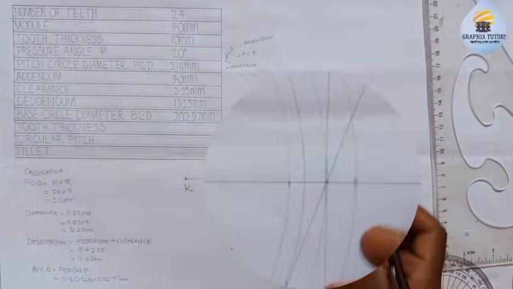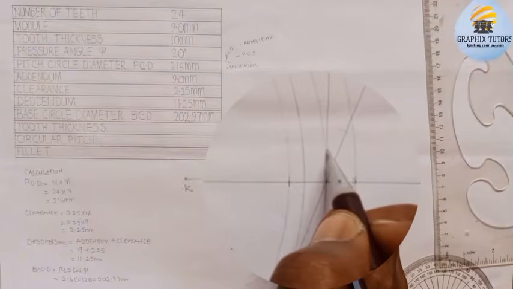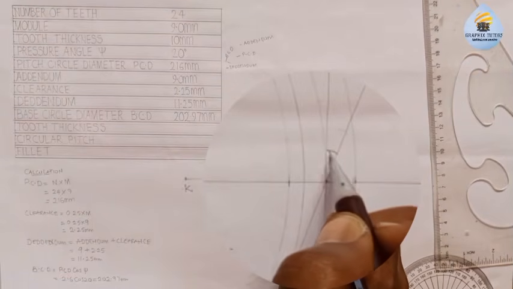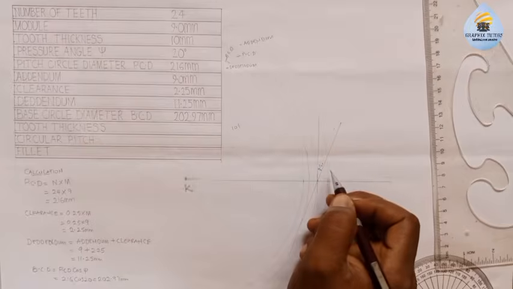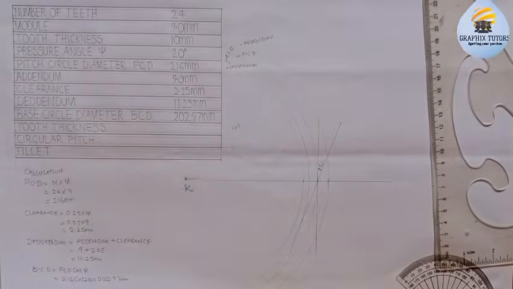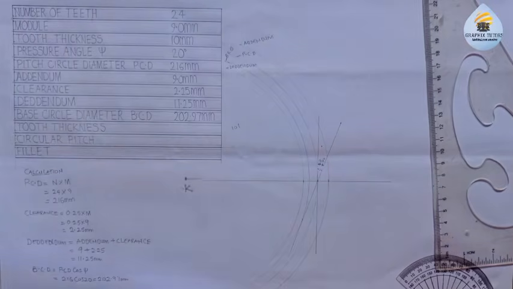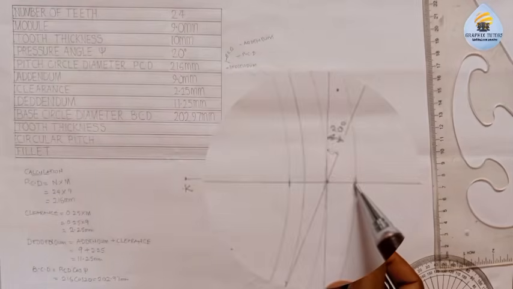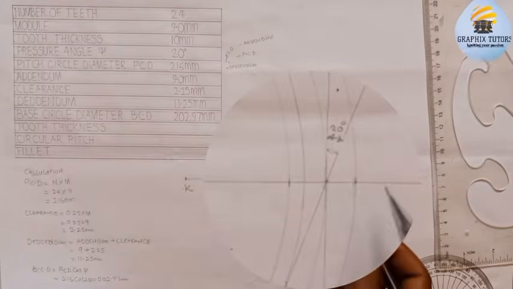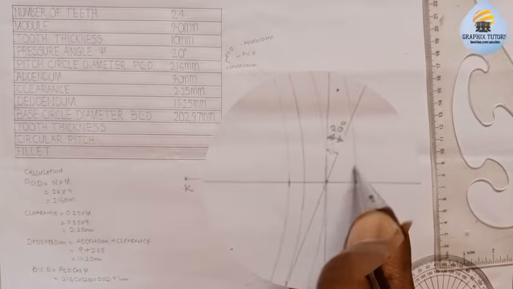We have successfully drawn this, and we know very well that from this point to this point here, it's given as 20 degrees. So we move forward. Now the next step is we need to take a point on the addendum.